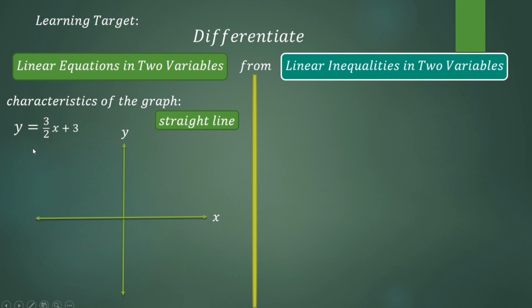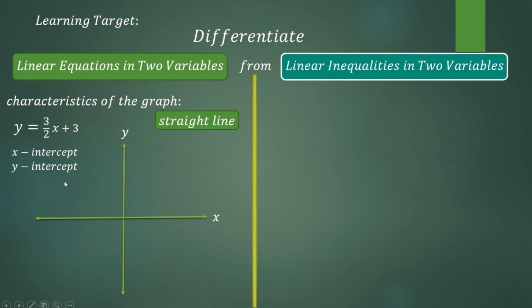To plot this equation, maaari natin gamitin yung intercept form. For the x-intercept, let y is equal to 0, then substitute to find the x-intercept. For the y-intercept, let x is equal to 0 para makuha natin yung y.